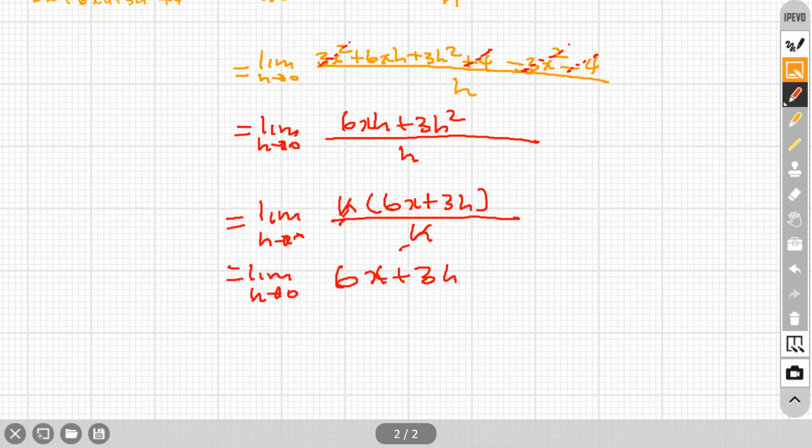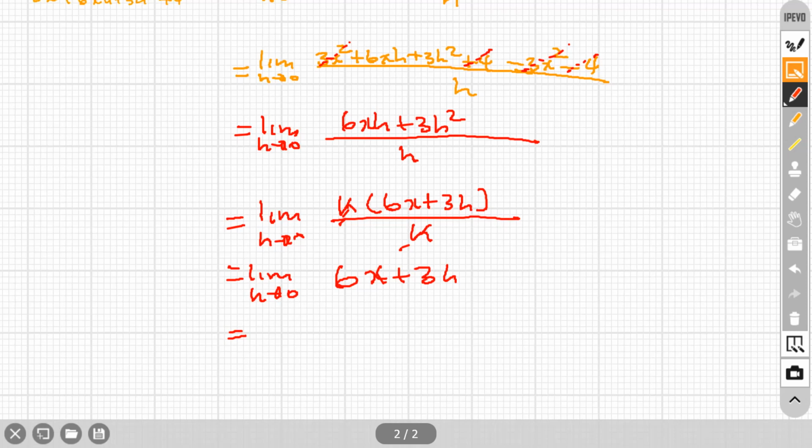So h approaching 0 basically means that when h is approaching 0, this thing is approaching another. After simplifying the whole thing, now when you substitute h as 0, you will have to lose your lim.